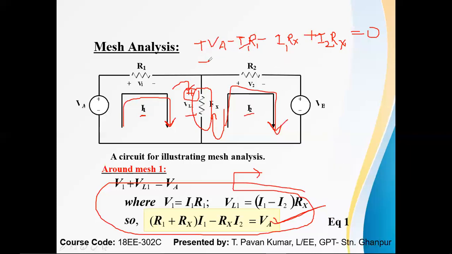Let me write this: plus VA minus I1 times R1 plus Rx, right?